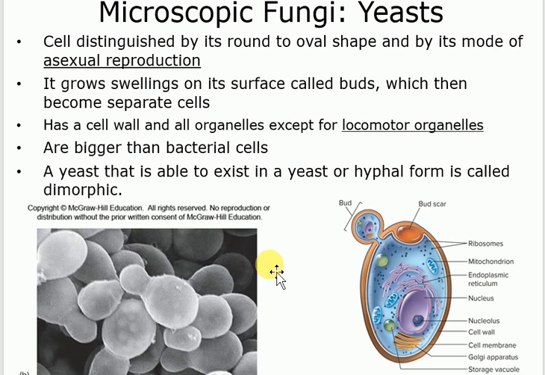So they can't move. Like flagella, do you remember these? Flagella, cilia, and all that, they don't have it. Other than that, they have everything else. Mitochondria and ribosomes and rough ER and smooth ER, everything else. They have it, not locomotor. Is that clear? Yeast cannot move, remember it. Yeast, generally speaking, is bigger than the bacteria.